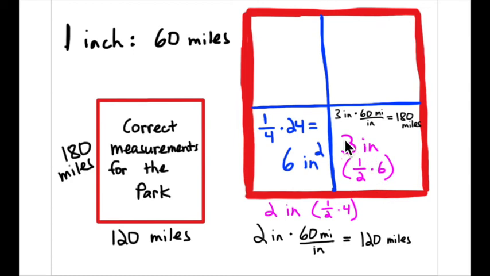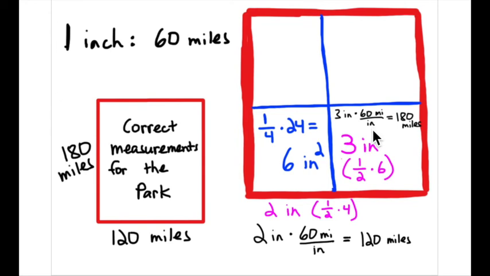And 3 inches times 60 miles for each inch. Because now you still have to get that 180 miles in these 3 inches. So that means that each inch is equal to 60 miles. So 3 inches times 60 miles per inch. So you're doubling the scale. The scale factor was 1/2. You multiply the scale by the reciprocal of 1/2.